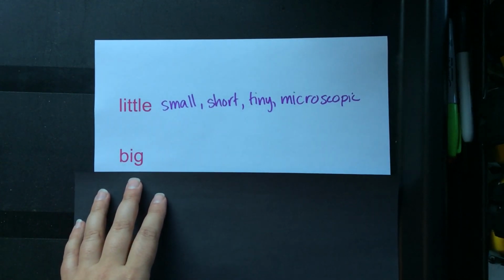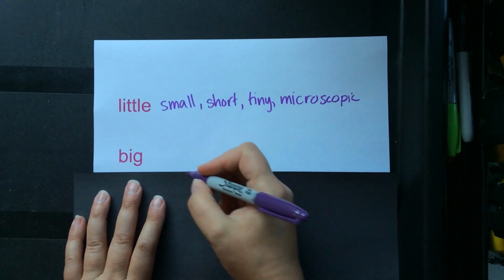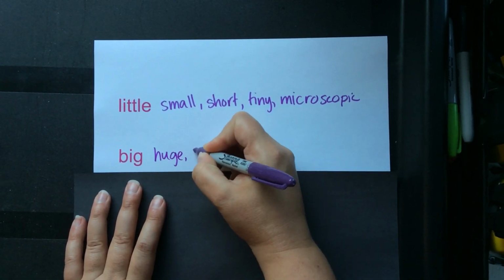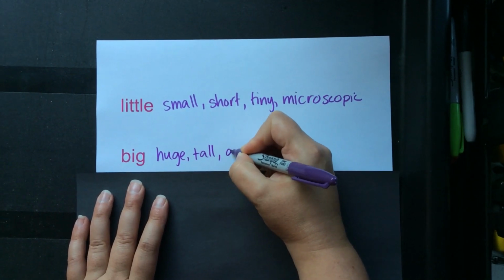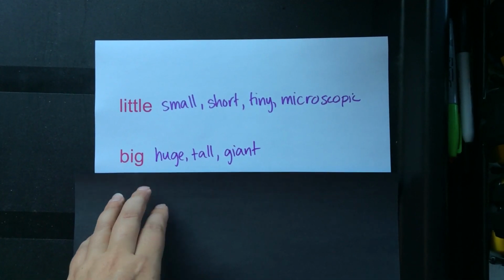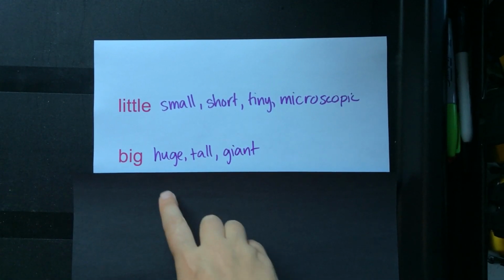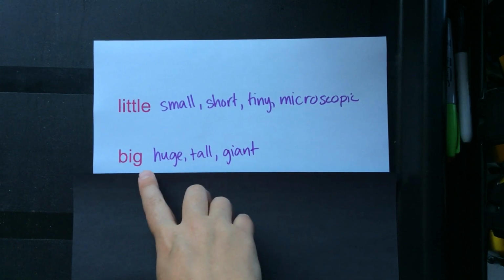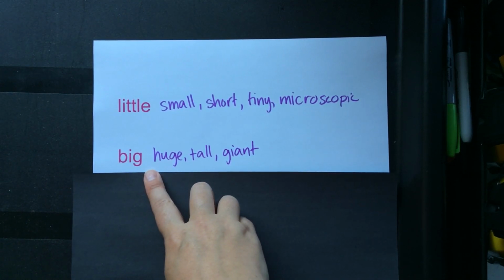If we think about the word big, that's another word that has lots of synonyms. We could think about huge, tall, giant, etc. as words that are synonymous with big. That's a great word if you want to impress people. Words that are synonyms we can describe as being synonymous.